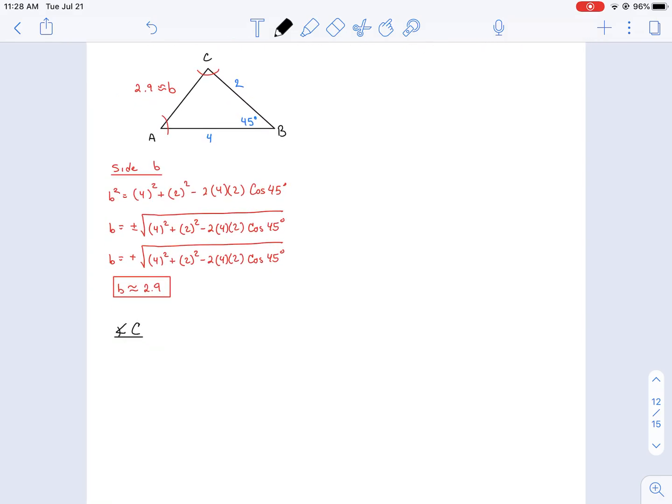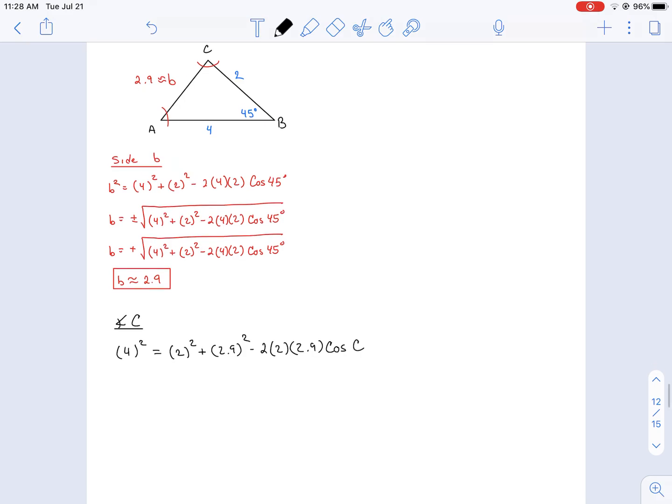So angle C. Applying the law of cosines, angle C can be found by the following. That'll be 4 squared is equal to 2 squared plus 2.9 squared minus 2 times 2 times 2.9 cosine of angle C. Next, I'm going to isolate cosine of angle C, and that's this.